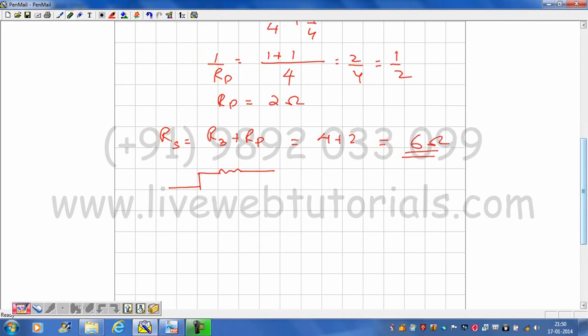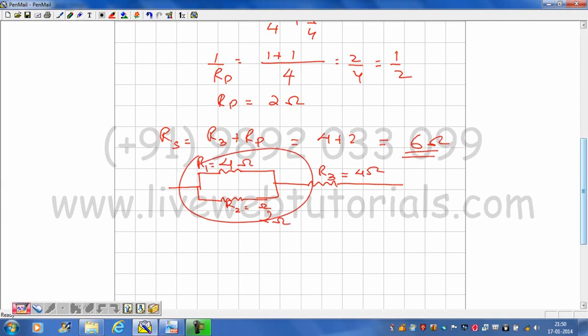Two resistances are connected in parallel, and the third resistance is connected in series. So this will be R1, 4 ohms, R2, 4 ohms, and R3 is connected here, that is 4 ohms. So this 4 and 4 gives me 2 ohms, and this 2 plus 4 gives me total 6 ohms.